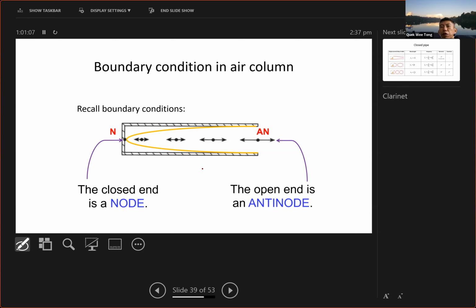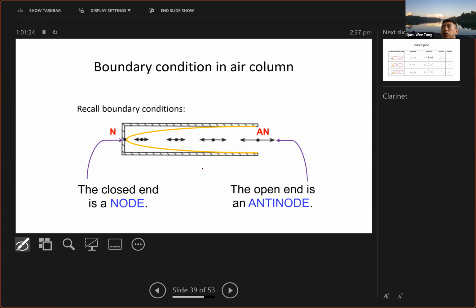Think from the point of view of an air molecule. Air molecules are supposed to be vibrating in the sound wave. It cannot vibrate because it keeps on knocking into the wall. So the air molecule around the region of the closed end cannot vibrate. It wants to vibrate, hits the wall, and says, okay, forget it, I just do nothing.